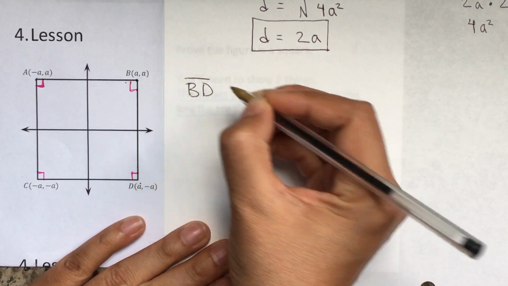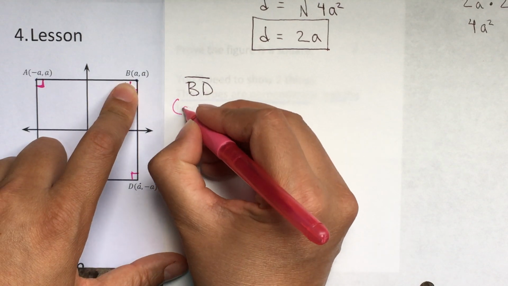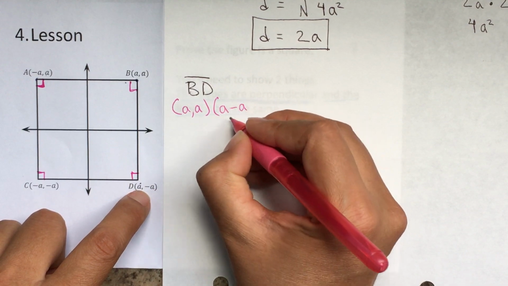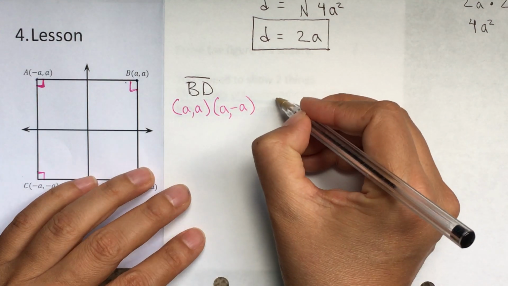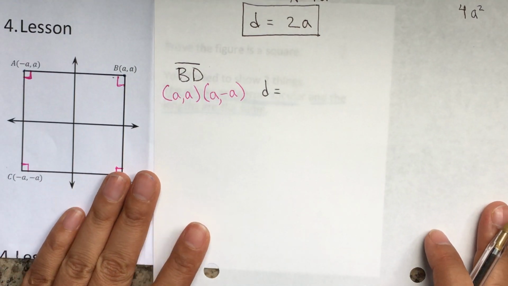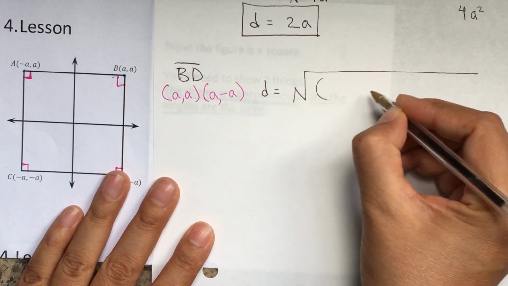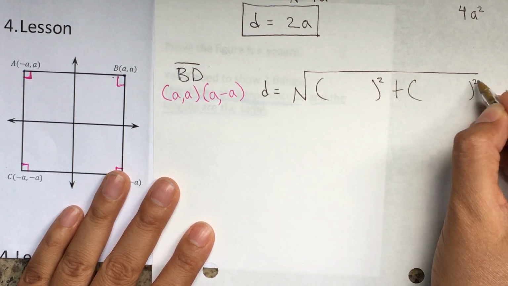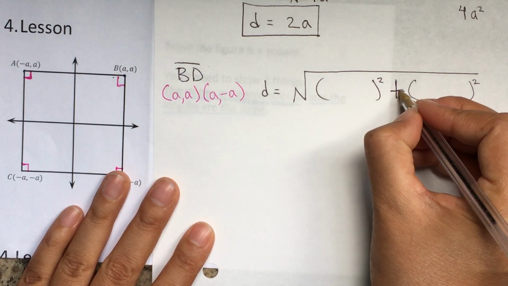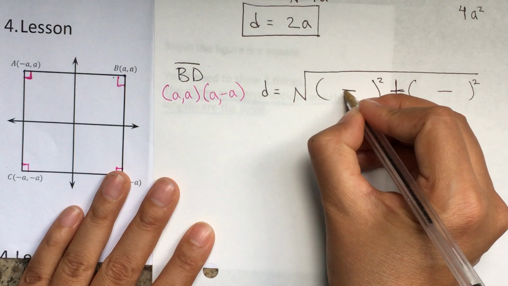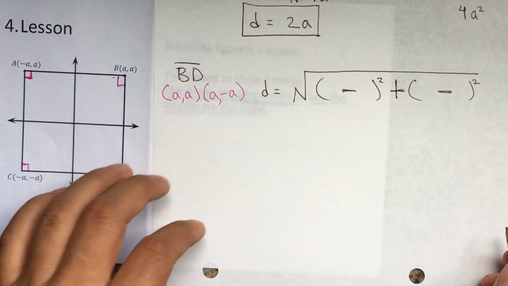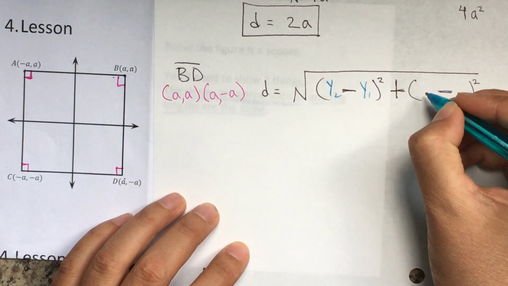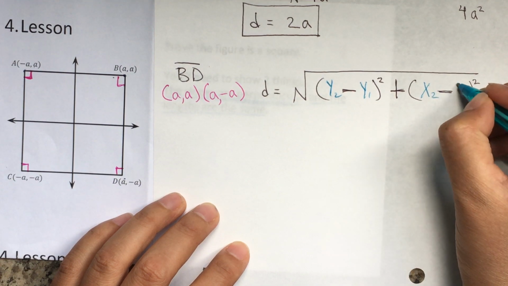So BD. The point for B is (A, A). The point for D is (A, negative A). And so the same distance formula equals the square root, and so we have y2 minus y1, and the other one is x2 minus x1.